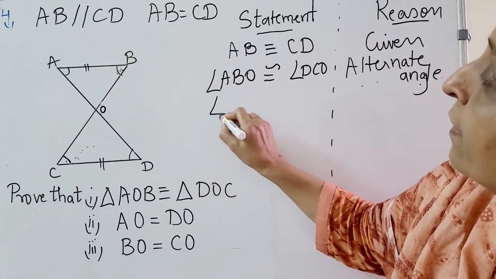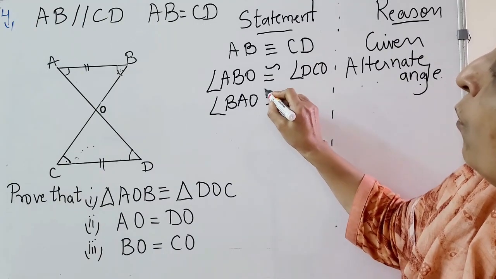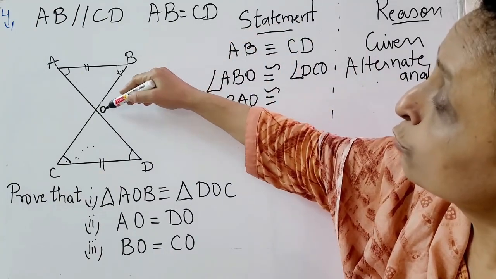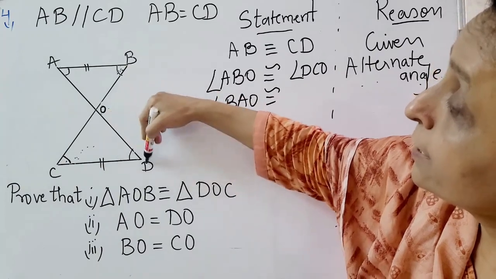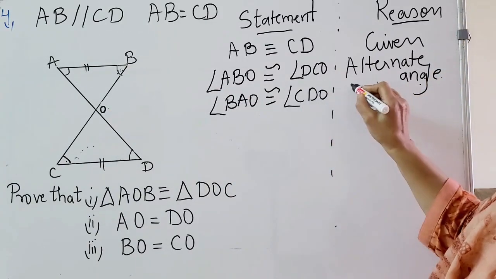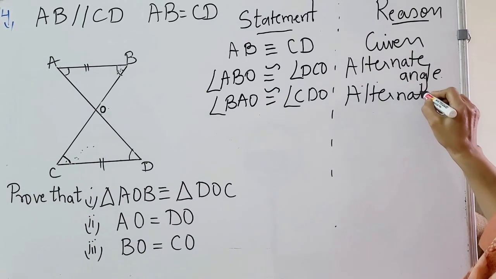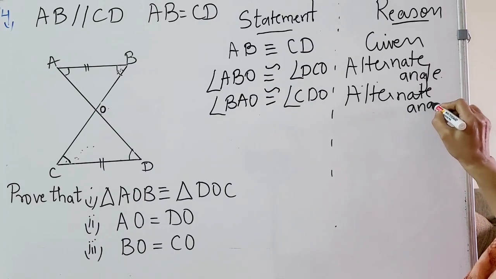So you can write angle BAO, which is congruent to angle CDO. Why? Same reason, they are alternate angles.